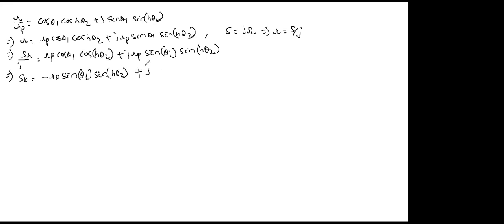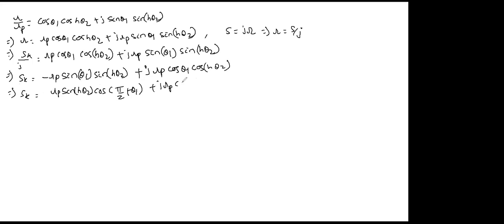Plus j omega p cos theta 1 cos hyperbolic theta 2. Or I can write like this, s k equals to omega p sin hyperbolic theta 2 multiply minus sin theta 1. Minus sin theta 1 means what I can write? It is cos of pi by 2 plus theta 1, plus j omega p cos hyperbolic theta 2 cos theta 1.